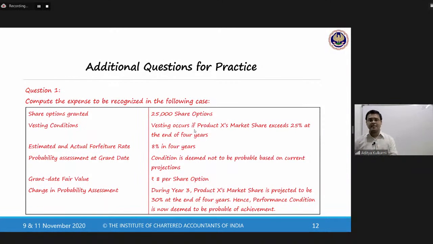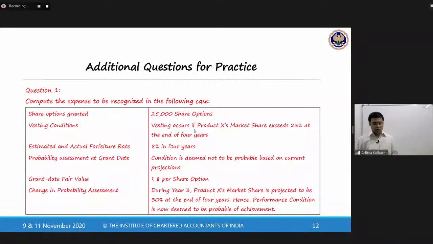Now, year 3, you are thinking that you got extra evidence now. 30% market share has increased. So now you will revise your estimate, and then you will say at the end of 4 years, it is likely to be achieved. So therefore, you will now record the expenses.